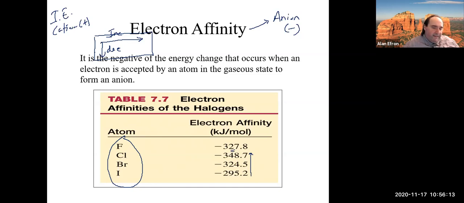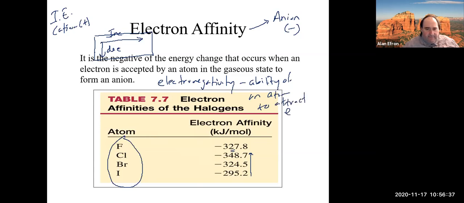So it's not perfect, but it is the energy change that occurs when something gains an electron. And again, that is different than what is sometimes confused with, which is electronegativity, which is the ability of an atom to attract electrons to itself.